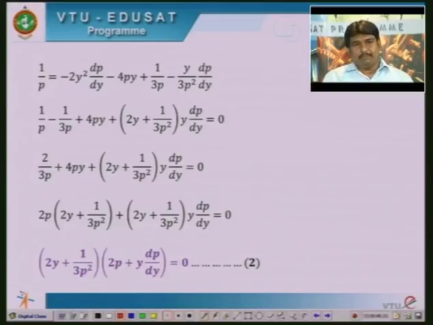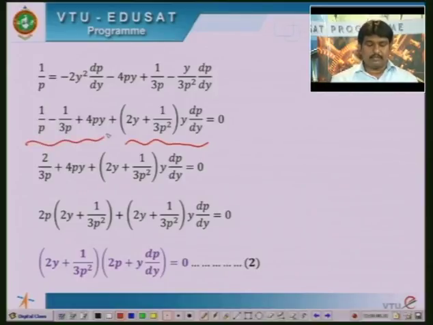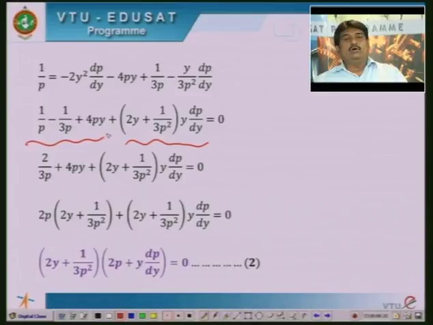You collect the dp/dy terms, which are (2y² + y/3p²) multiplied with dp/dy, and keep the remaining terms on one side. Now factorize it. After simplification, 1/p - 1/3p becomes 2/3p, plus 4py as it is. This term I have written as it is: (2y² + y/3p²) dp/dy = 0.